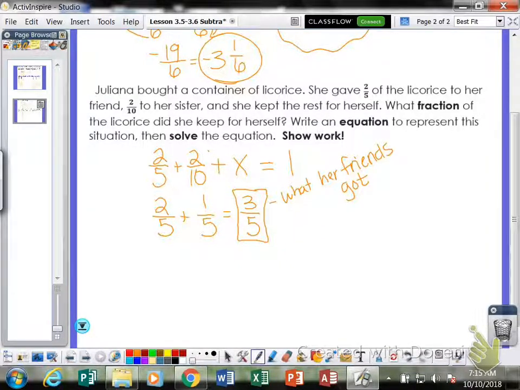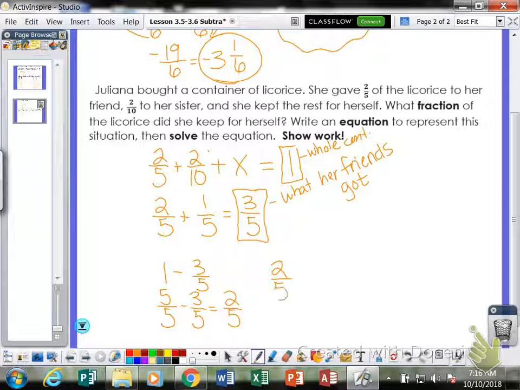Well, if the container was a whole container, that's where this 1 comes into place. This was the whole container. So what we can do now is we can take 1 minus 3/5 to get what Juliana had. And we know that 1 is the same as 5/5 minus 3/5 equals 2/5.